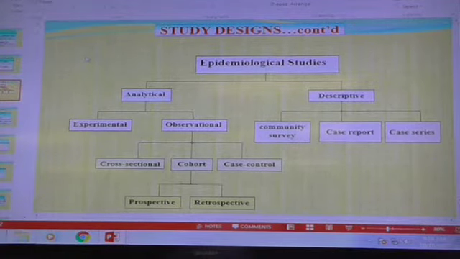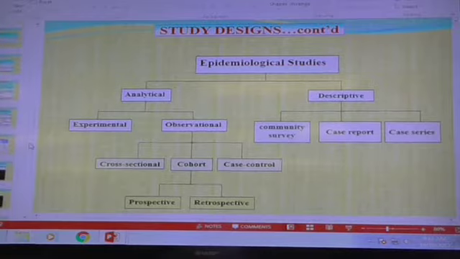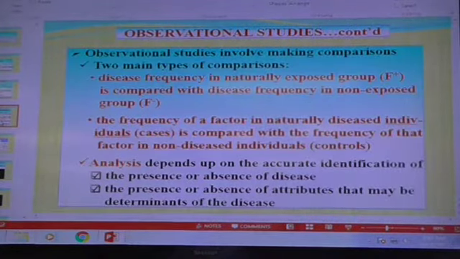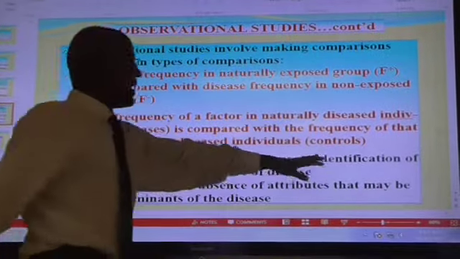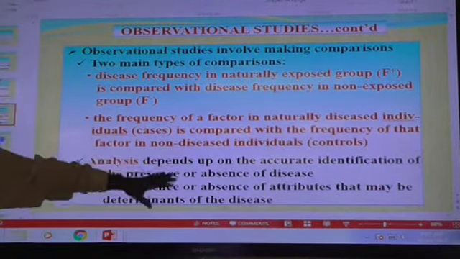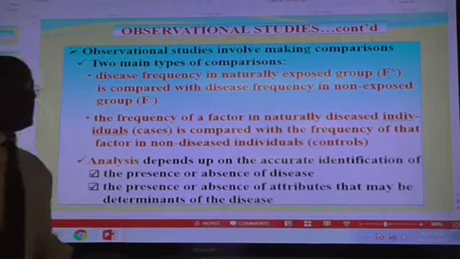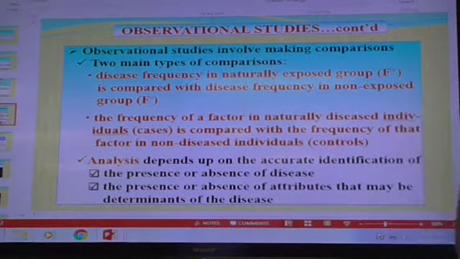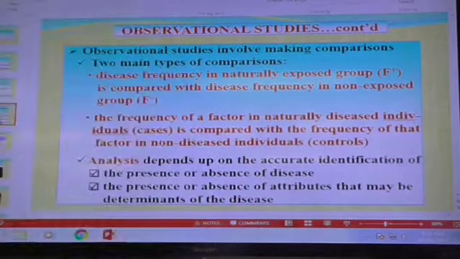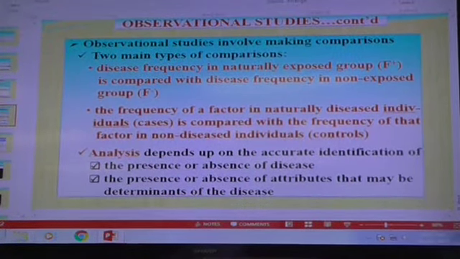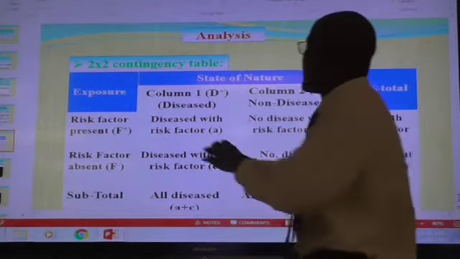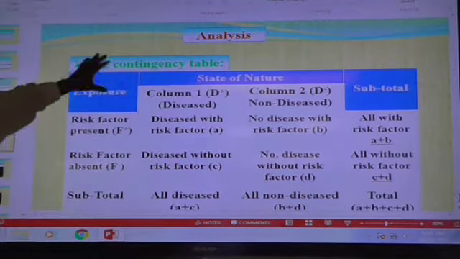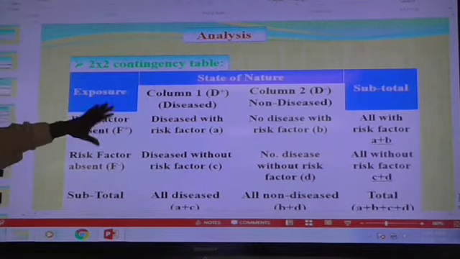If you also remember very well, we said here that in all the studies, analysis depends on the accurate identification of what? The presence or absence of disease and the presence and absence of attribute. We further indicated that in all the studies, the analysis finally leads you to this 2x2 contingency table.